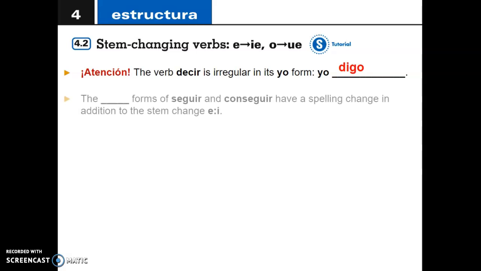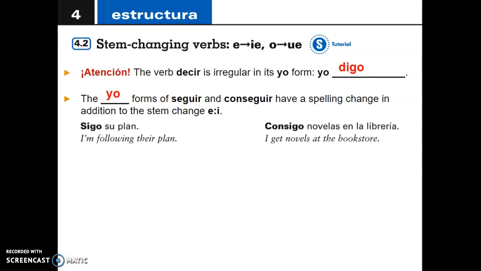Tengo. The yo forms of seguir and conseguir have a spelling change in addition to that E to I. Sigo su plan. Consigo novelas en la librería. Okay? It's just dropping that U because consiguo looks weird. Once you get practicing enough with it, you'll hopefully remember to do that. Don't worry about it too much. Practice, practice, practice.